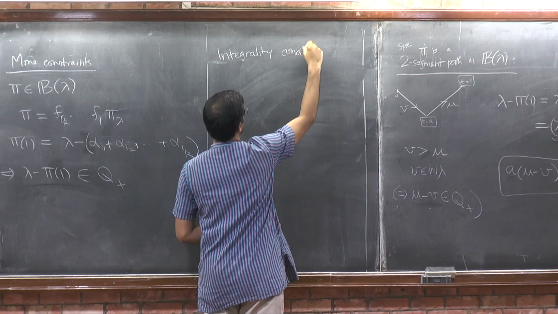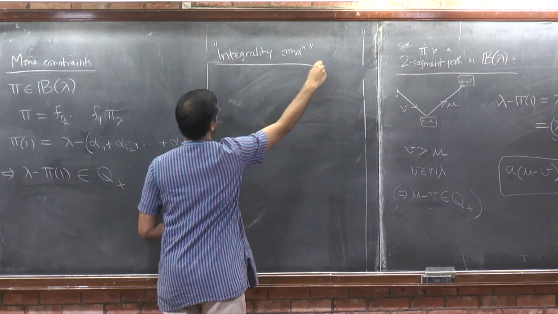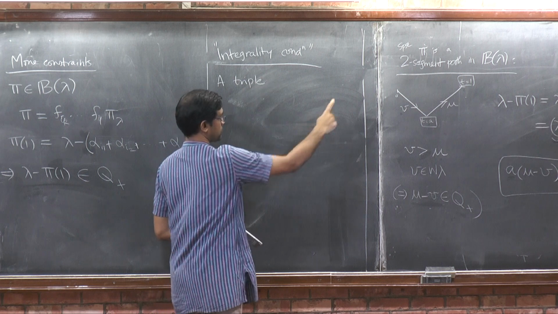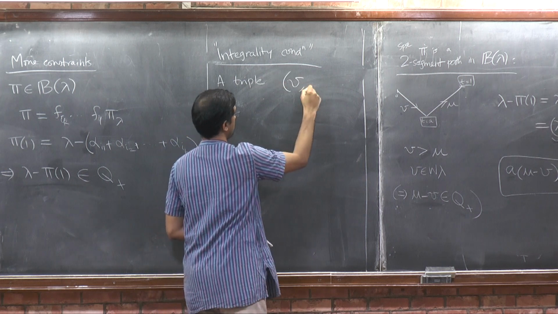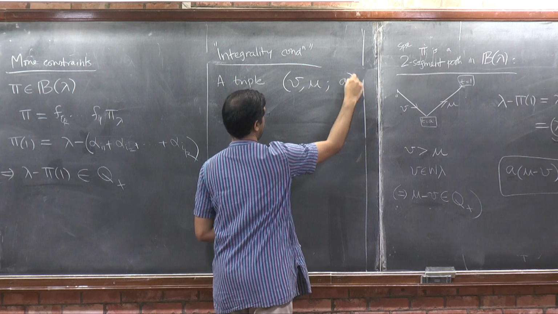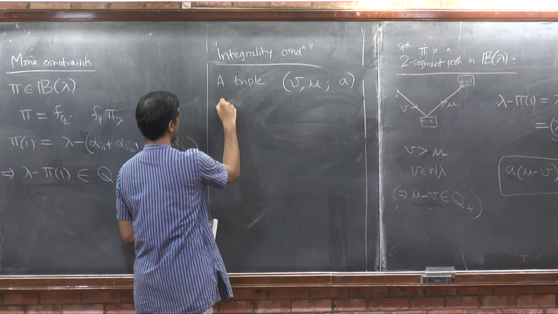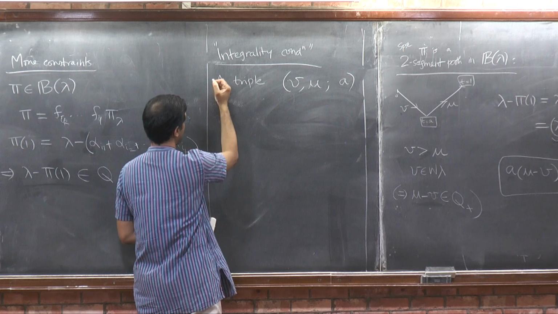So what do I mean by the integrality condition? A triple: there are three pieces of information here, nu, mu, and a rational number A. So this triple nu, mu, A is said to satisfy the integrality condition.